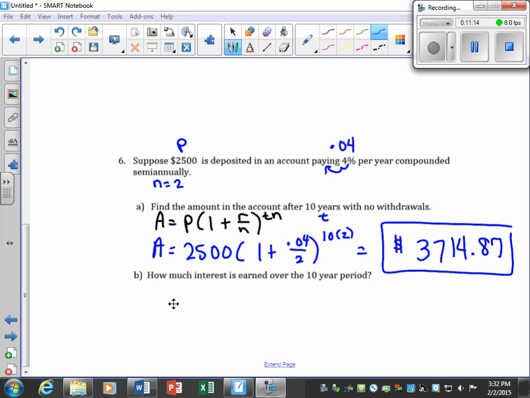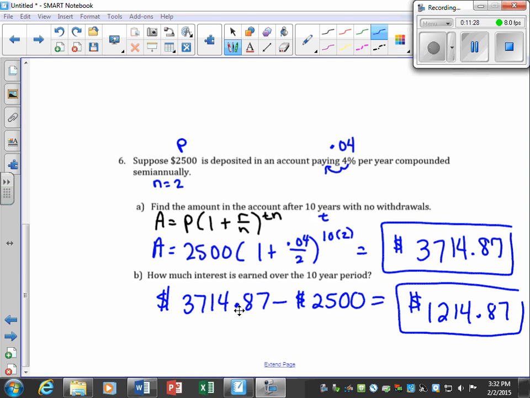How much interest is earned over a 10-year period? You would take your original and subtract it from what you got here to get that, and I'll do that now. So if you take how much your total was after the interest was earned and subtract the initial amount that you started with, this is the actual amount of interest earned over that time period.